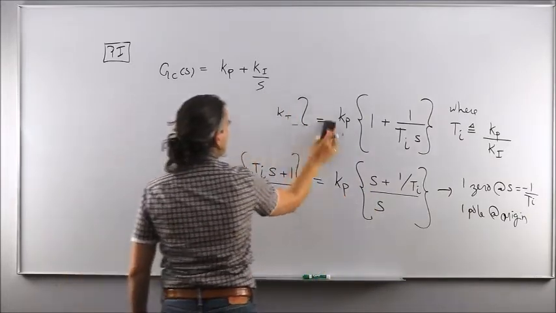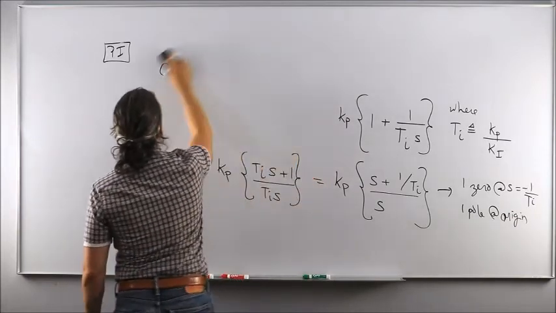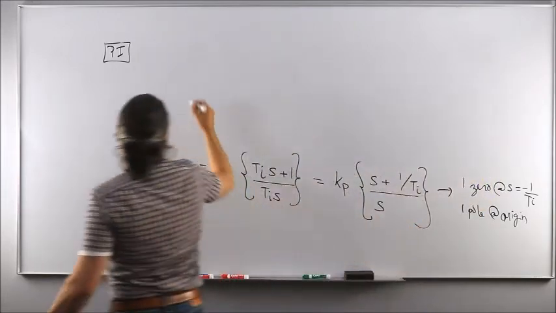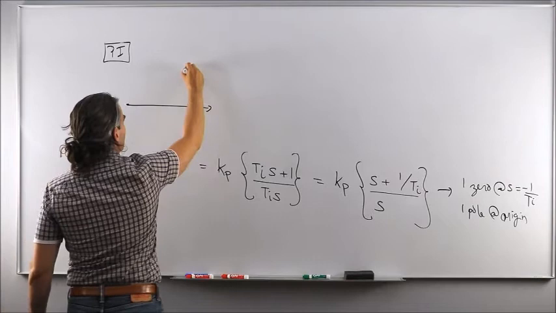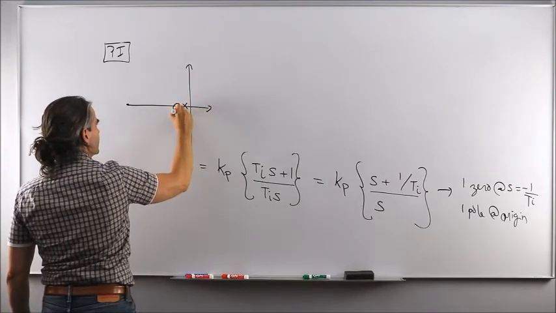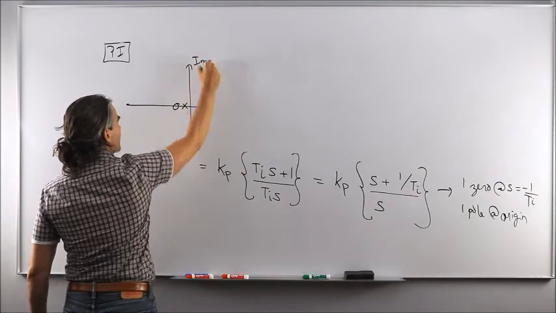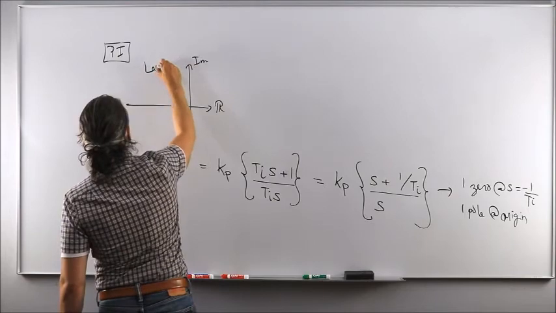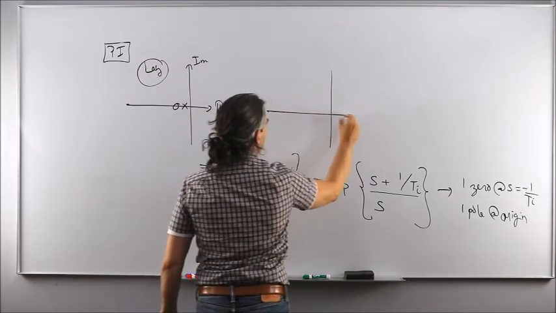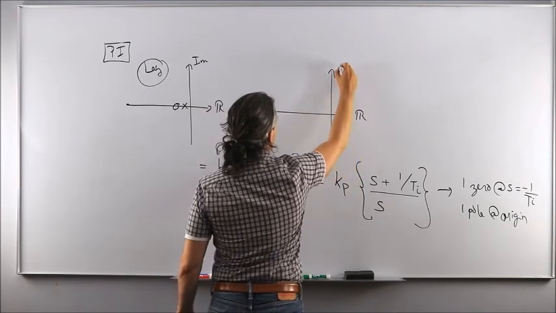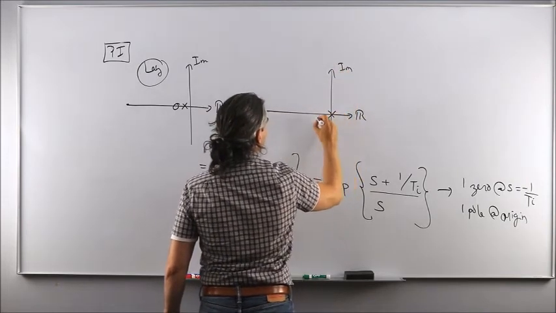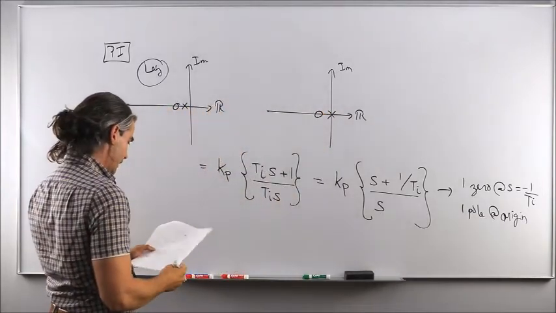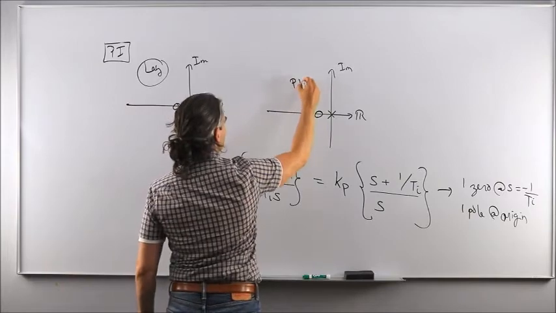So if you were to compare a PI with our previously defined lag compensator, you would see that a lag has the pole and the 0 close to each other and very close to the imaginary axis. And that a PI, so this is lag, and a PI would be very similar, but with the pole directly at the origin and the 0 to its left, like that. PI.